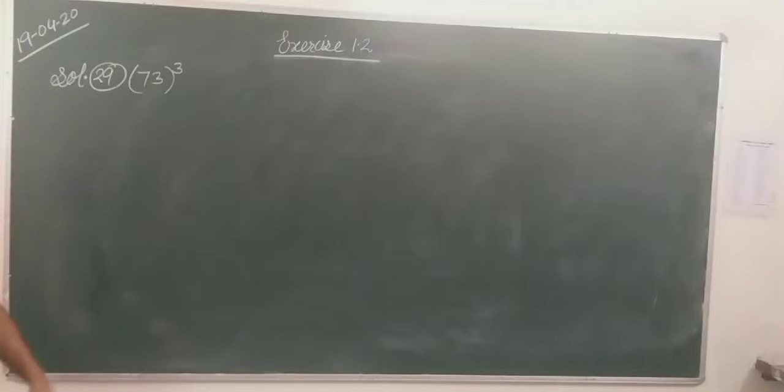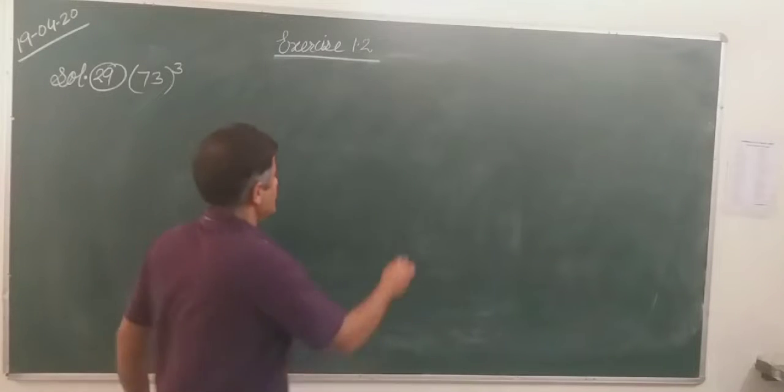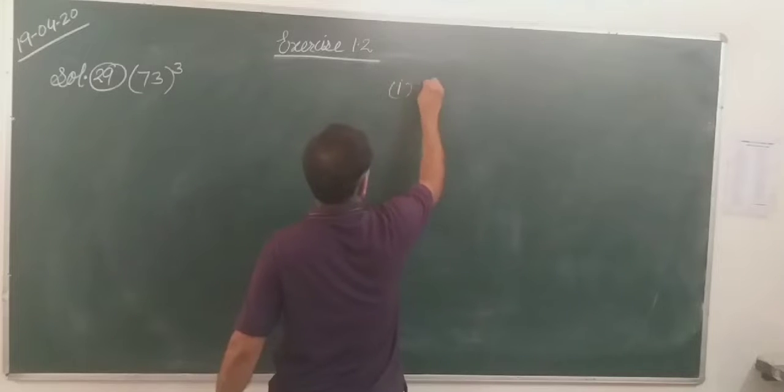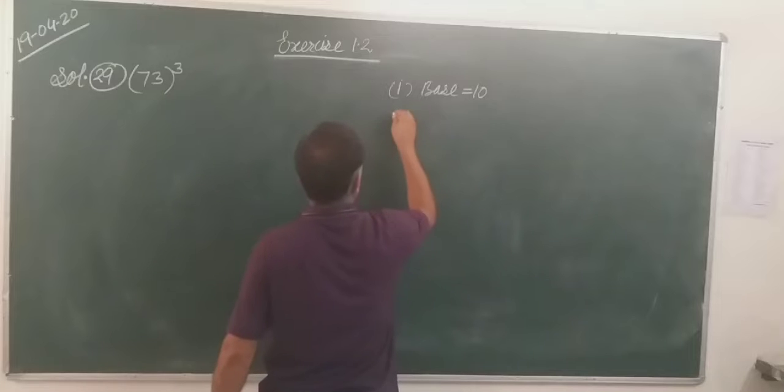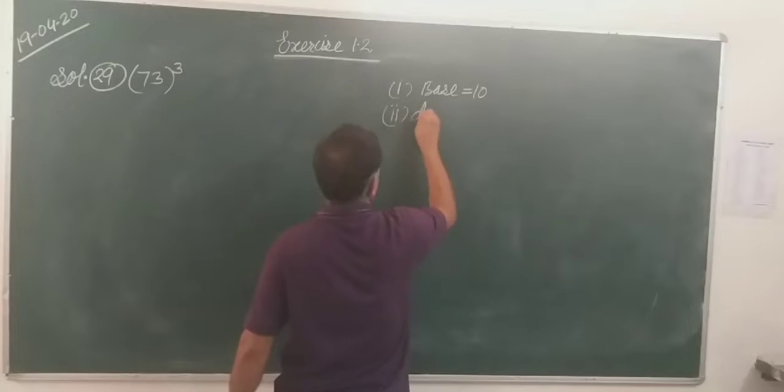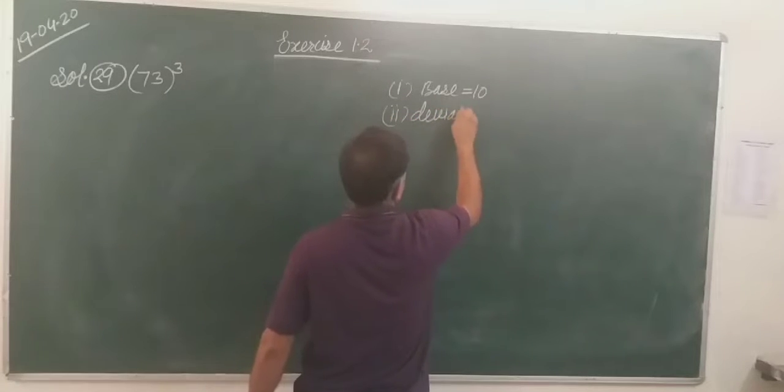In this question we will take the base as 10. Then in the second step I have to find the division. How do you find the division?